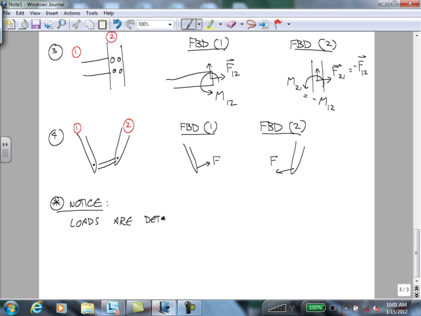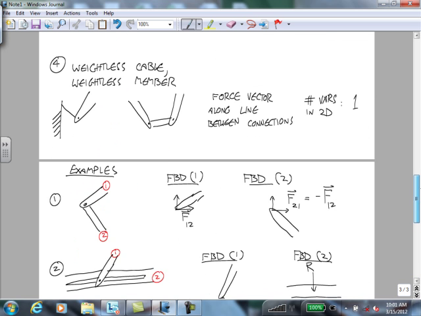Okay, I have an example problem that I'd like you to think about. So you have this linkage that's instantaneously an equilateral triangle.